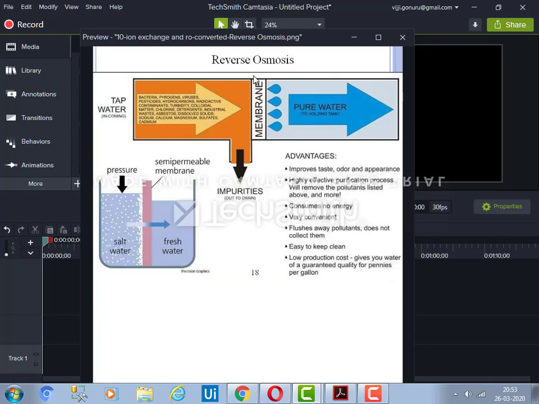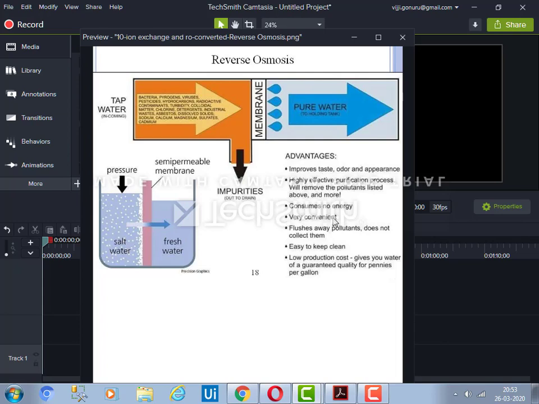Now let us see the advantages of the reverse osmosis process. It improves taste, odor and appearance. It is a highly effective purification process which will remove the pollutants listed above and more. These are the impurities removed by the reverse osmosis process. It consumes no energy.